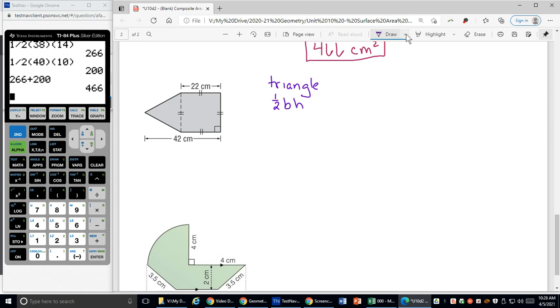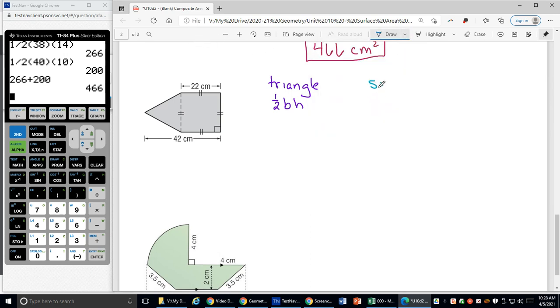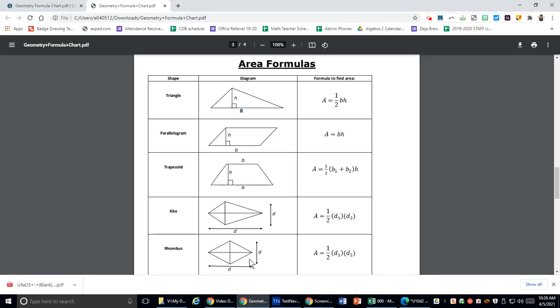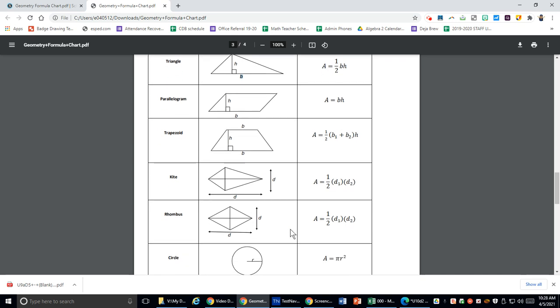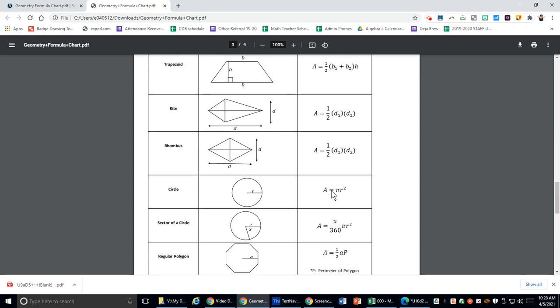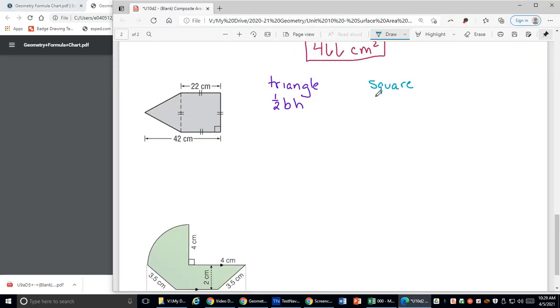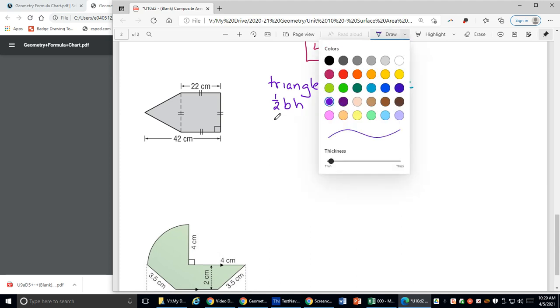And then my square, when I look at my formula chart, I don't see a square. But remember, a square is a rhombus. I could do 1/2 diagonal 1 times diagonal 2, but they didn't give me diagonal information, so I don't want to use that one. A square is also a parallelogram, so I can use my parallelogram formula, base times height. All right, let's start with the triangle.